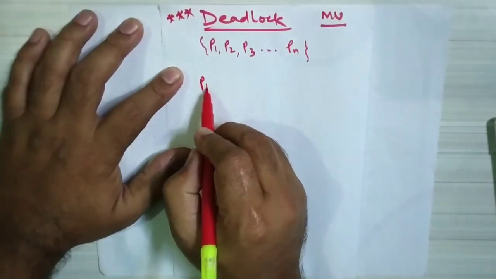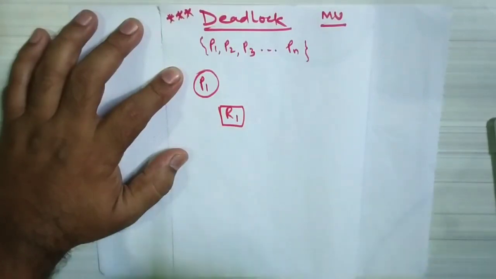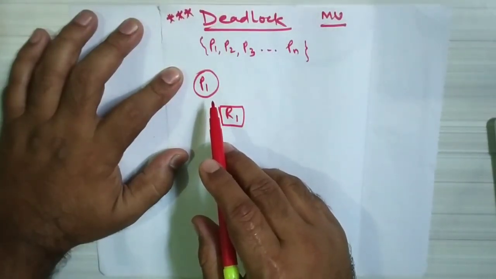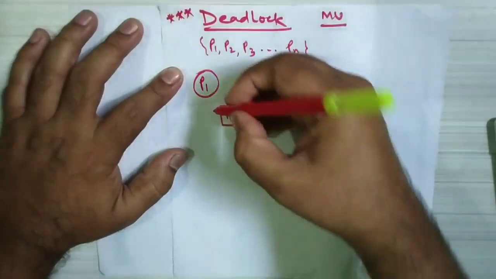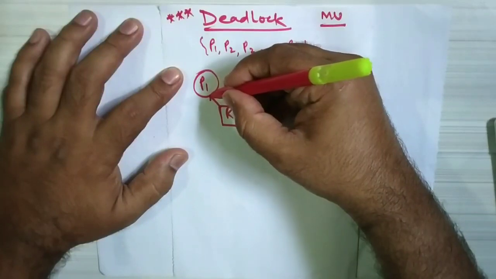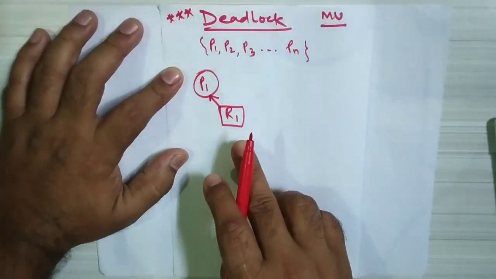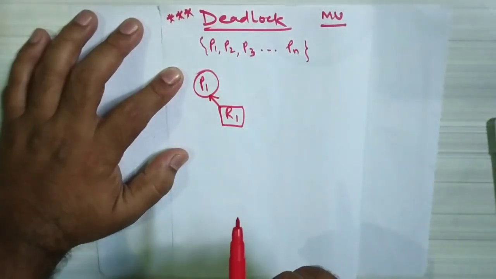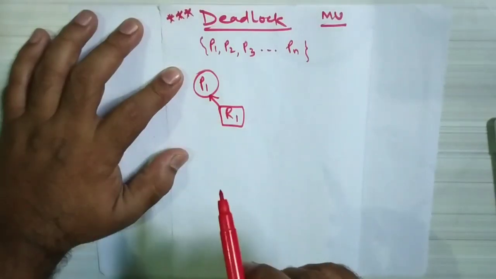For example, this is the process p1 and this is the resource r1. Process p1 is having the resource r1. We represent it with an arrow mark toward the process. So this process is holding the resource r1, or the resource r1 is being held by the process p1.